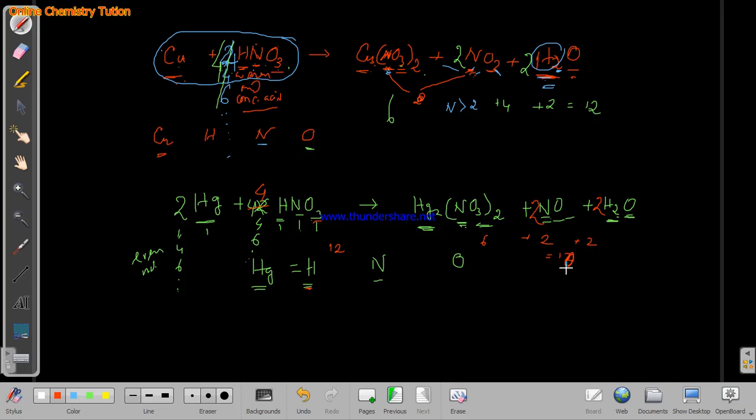So oxygen is not balanced. Now what do you have to do? You have to increase the oxygen number in this direction, this portion. To increase oxygen number, which do you have to increase? This is the main problem.